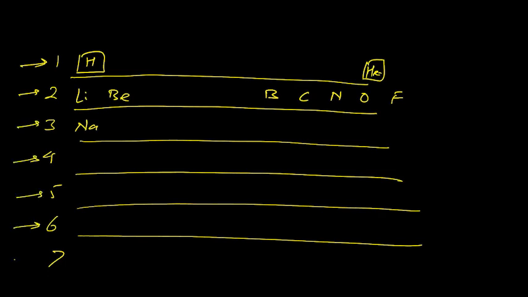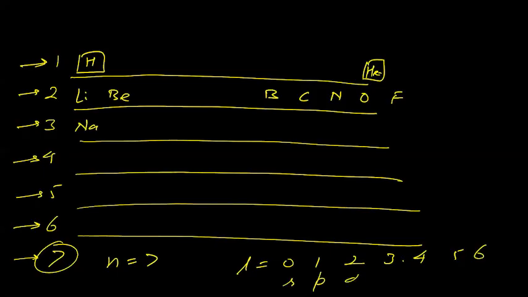So if n equals 7, n equals 7 means l can be from 0 to 6. 0 to 6 means 0, 1, 2, 3, 4, 5, 6, meaning s, p, d, f, g, h, and so on. Okay, so theoretically, yes, it can be asked theoretically.